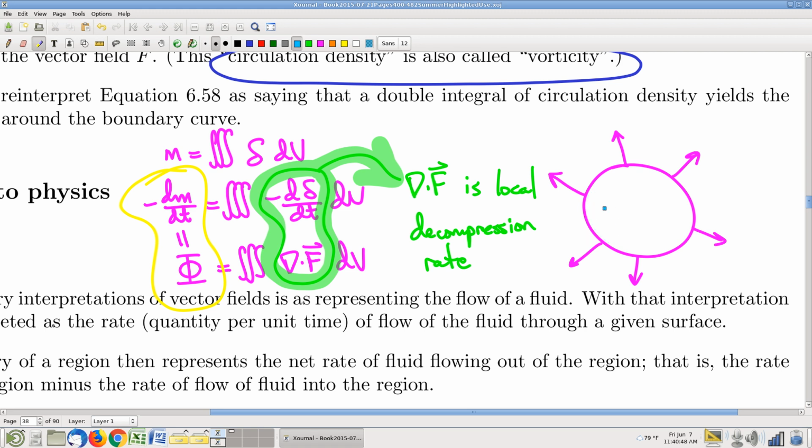You could have all of this mass in here not moving, just sitting there, and have this mass here be what's actually moving out. Or it could even more simply be that all of this mass is all at the same time radially moving outward.